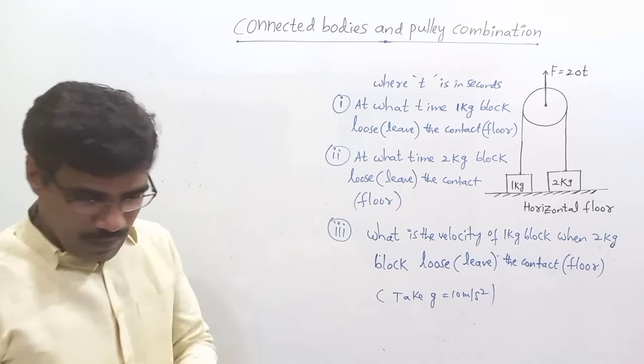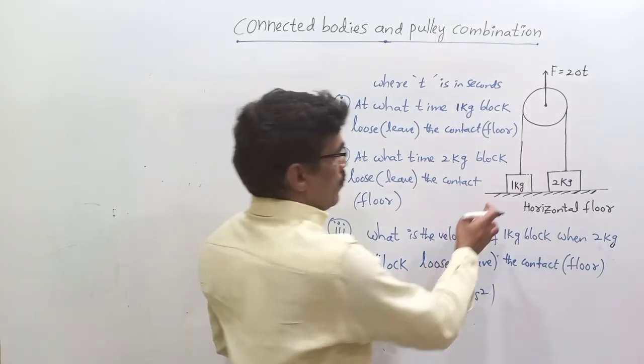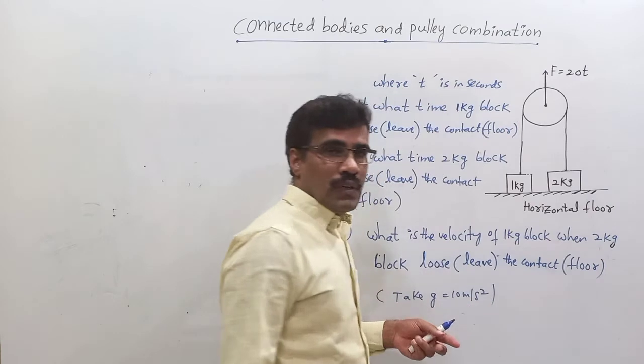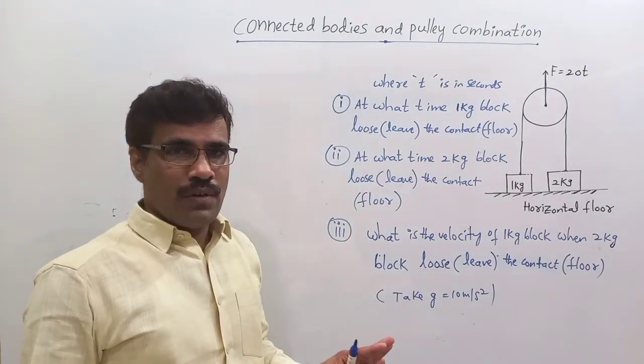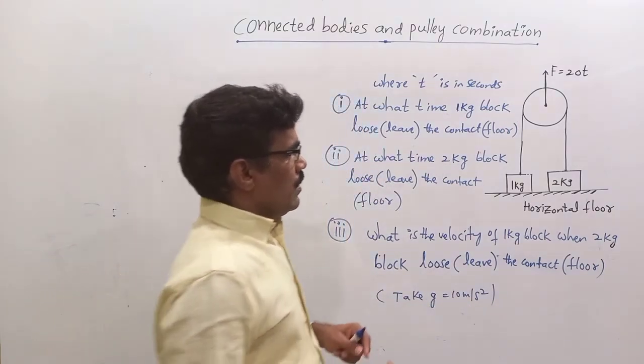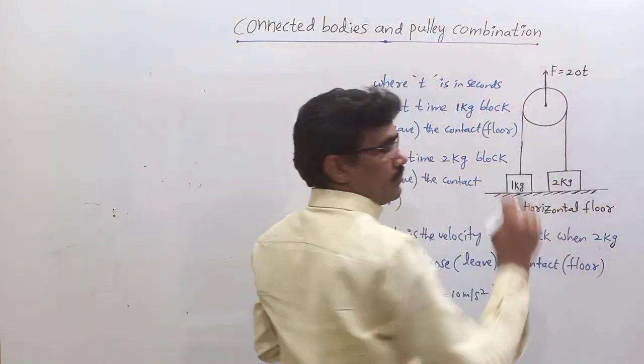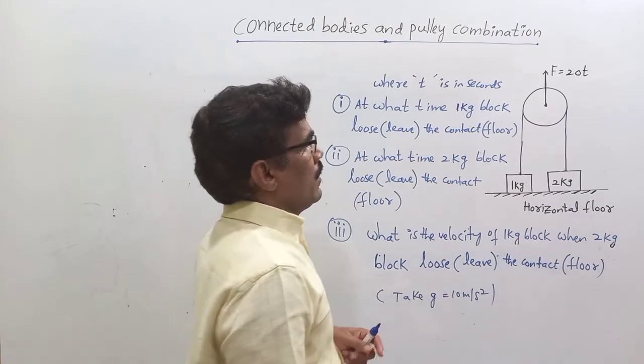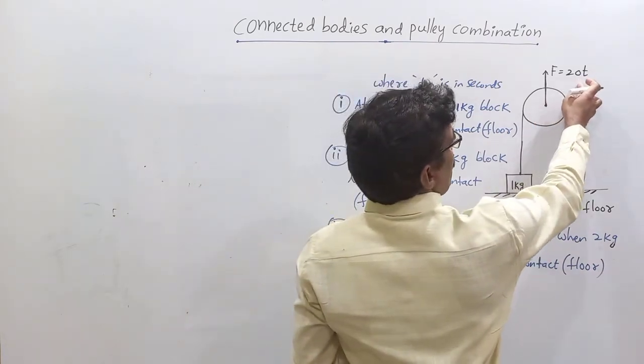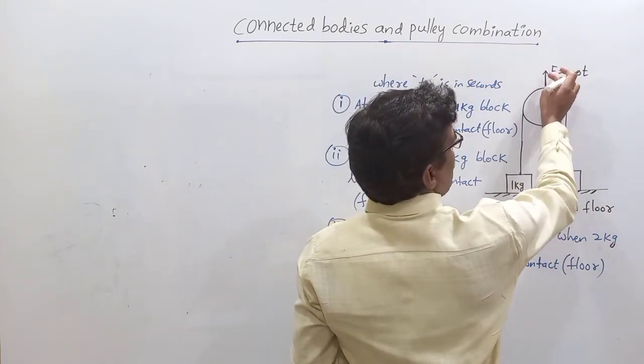What is the next problem? Here 1 kg and 2 kg are kept on a horizontal floor, connected with an inextensible string. At T equal to 0, the force acting on the pulley is 0.